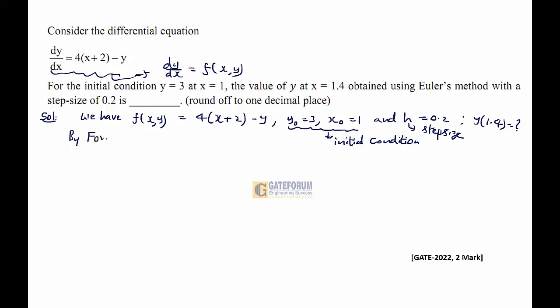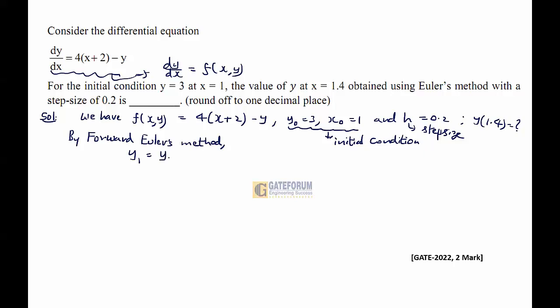Forward is called explicit Euler's method. First, we have to find y1. If it is sufficient, then it is not required to find y2. Otherwise, we have to find y2. y1, that is y i plus 1, is equal to y i plus h times f of x i comma y i. There you put i is equal to 0.